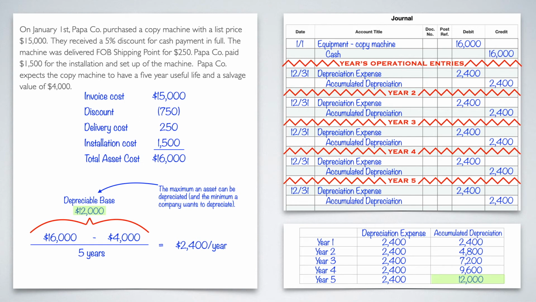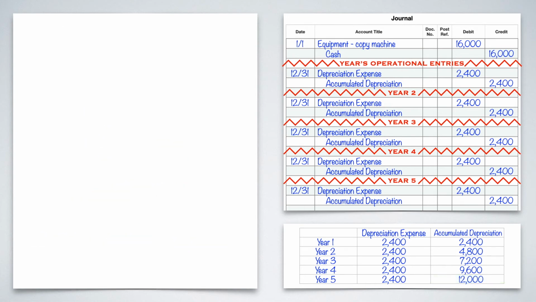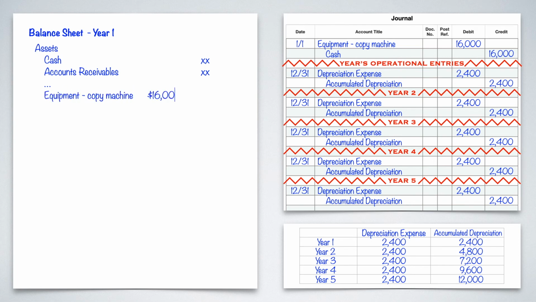Now, there are also a lot of questions that could come from this. I also want to show you what it looks like from the balance sheet's perspective. If I was going to look at the balance sheet for year 1, I would have assets, cash, accounts receivable, whatever the rest of them are. And then towards the end, I will see equipment, copy machine for $16,000.